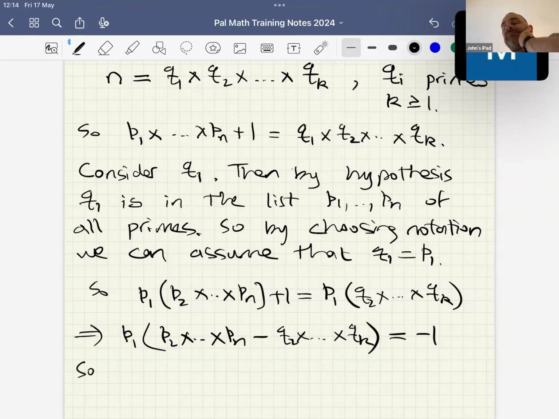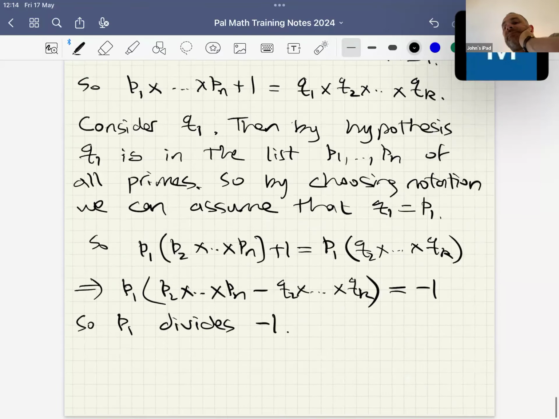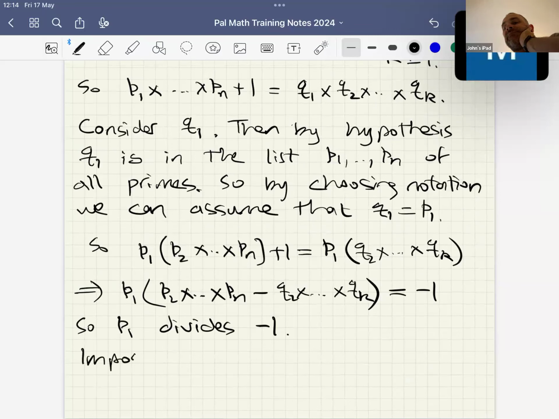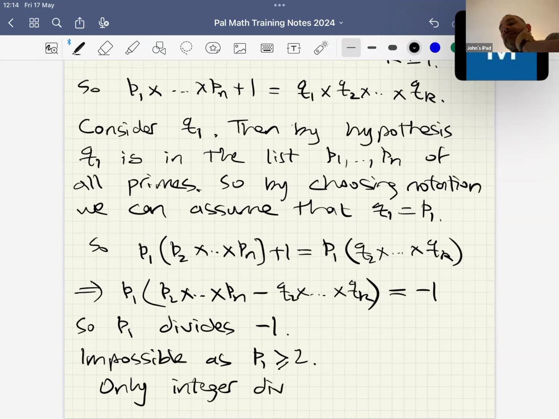So p1 divides minus 1, and that's impossible as p1, because it's a prime, is greater than or equal to 2. And the only divisors of minus 1 are plus or minus 1.